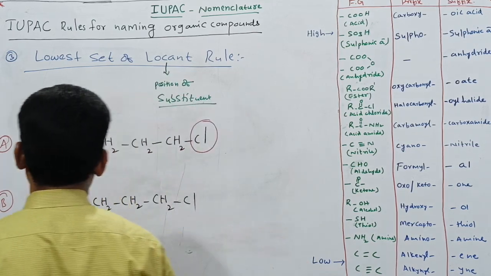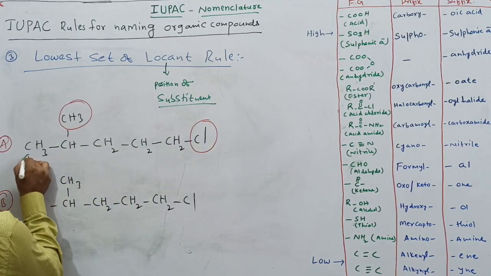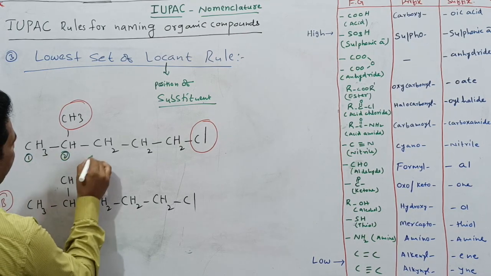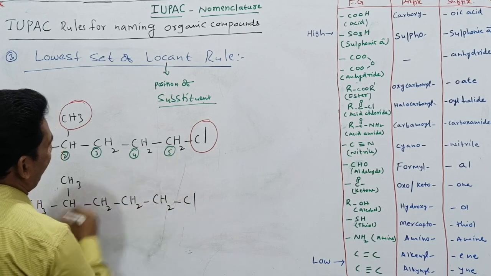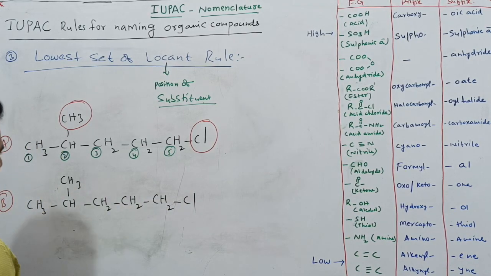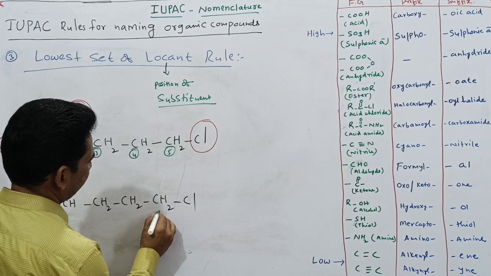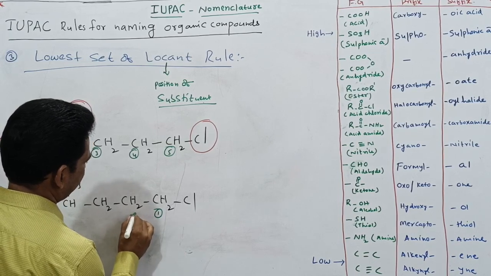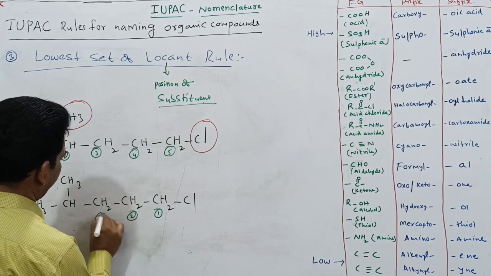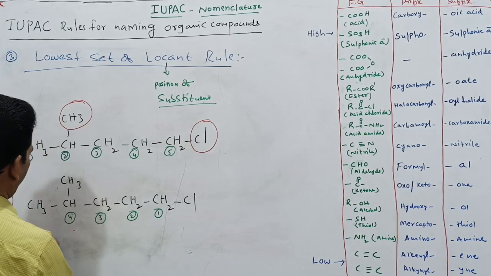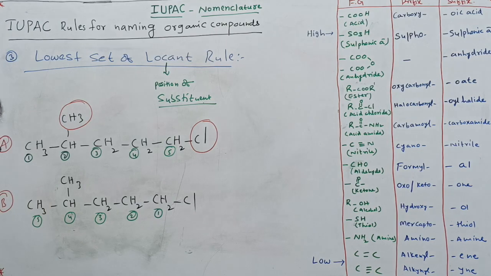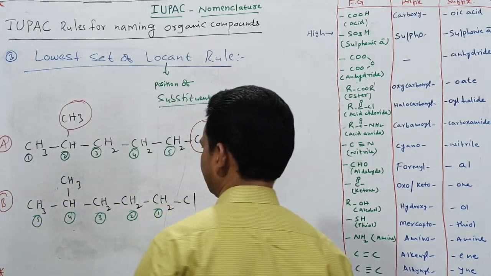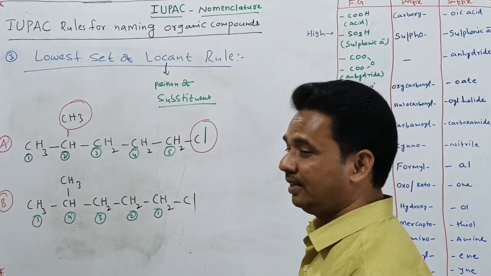Now I am giving the numbering: 1, 2, 3, 4, 5 from the left side, and 1, 2, 3, 4, 5 from the right side.